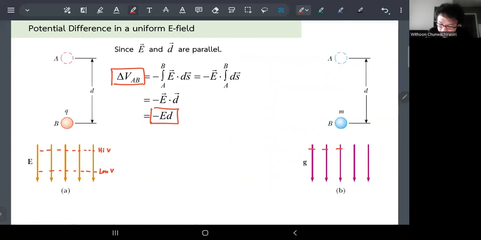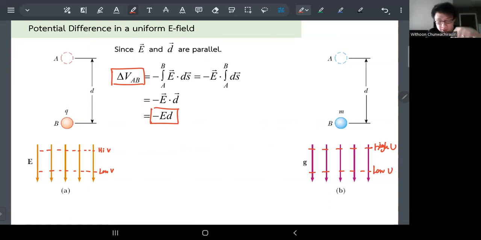The reason for that is you can compare this with gravity. The gravity is pointing down, and every time you look along the gravitational field, you're going from high U, since we didn't have V in gravity, to low gravitational energy.